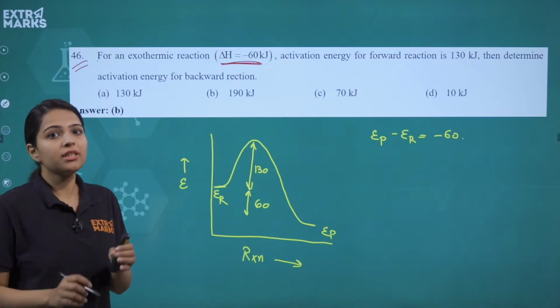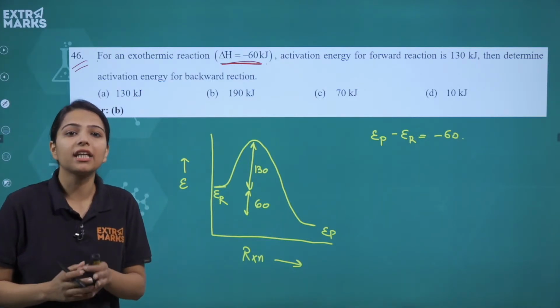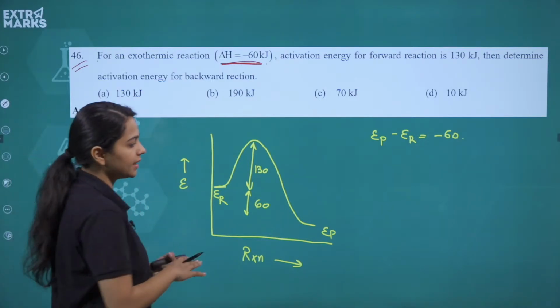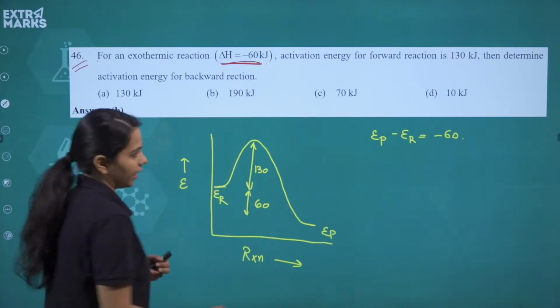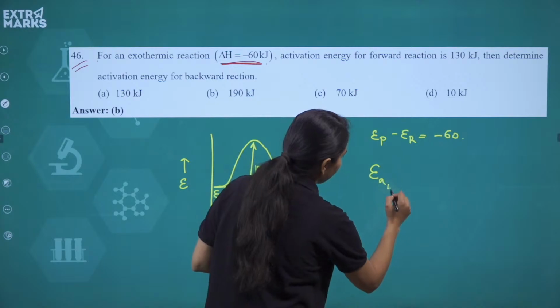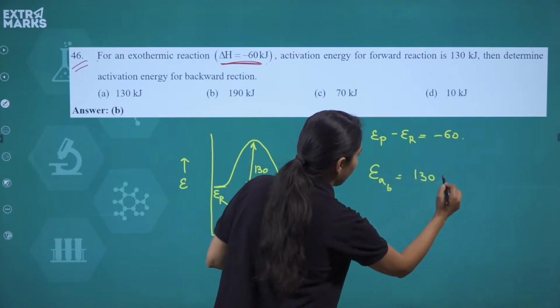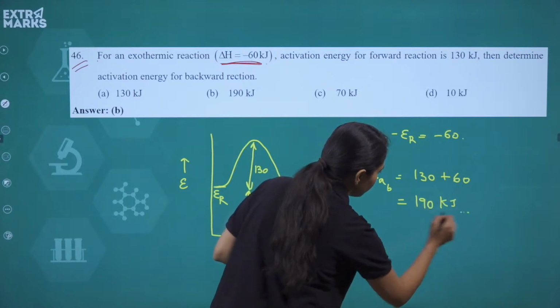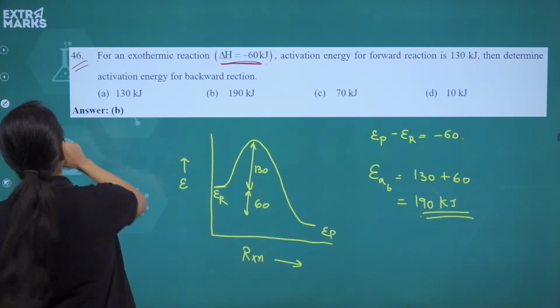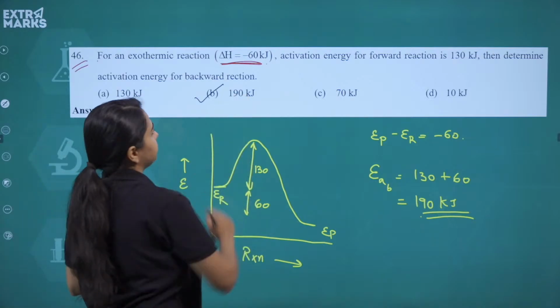Now the question is asking us that what is the activation energy for the backward direction? That is, if these are the reactants, then what will be the activation energy for the backward reaction? So for the backward reaction, activation energy will be 130 plus 60, which is going to be 190 kilojoules. So my answer over here is going to be option B.